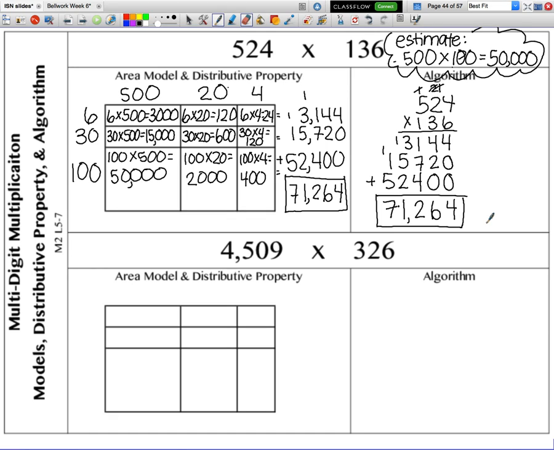All right, so we're going to go ahead and do our second one now. All right, so we have 4,509 times 326. So we're going to start with our estimate as usual.